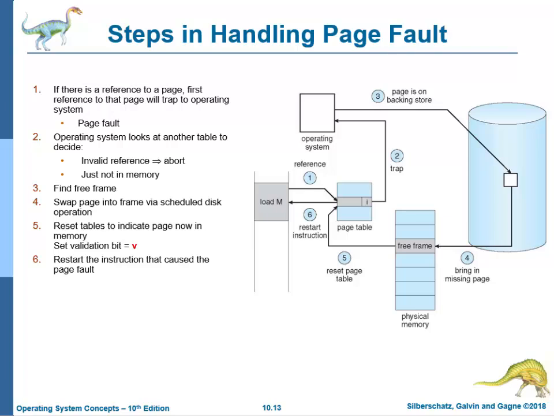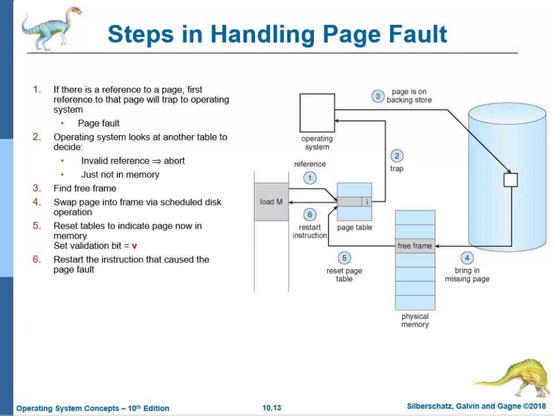Third, a free frame is located, possibly from a free frame list. Fourth, a disk operation is scheduled to bring in the necessary page from disk. This will usually block the process on an I/O wait, allowing some other process to use the CPU in the meantime.